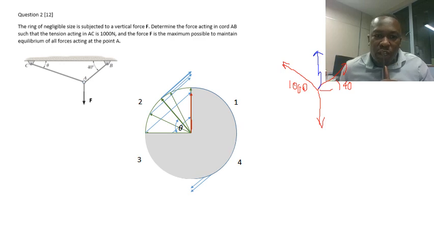Now, if we go and look at different scenarios, if the force FAC is basically lying along the x-axis in that direction, and the force FAB is lying in this particular direction as indicated there, then we can see that we're going to get the resultant basically forming along there.